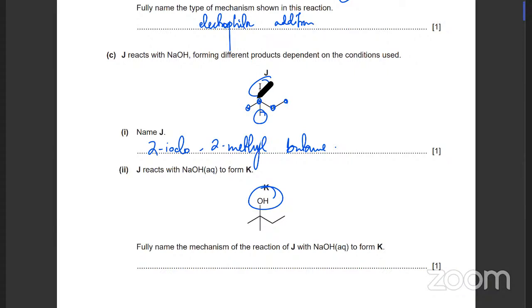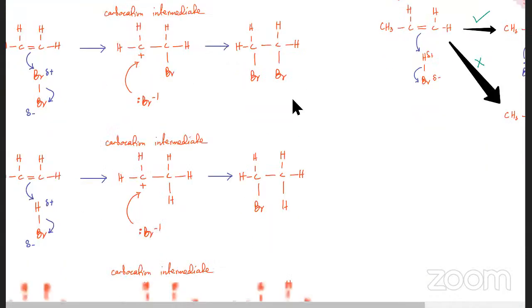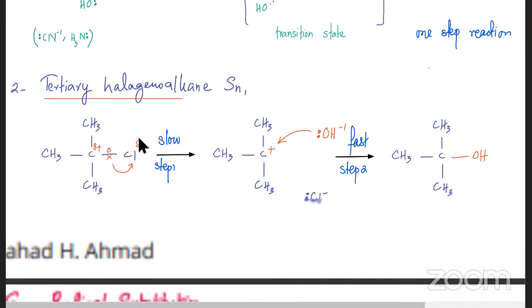And if I ask you to name the full mechanism, it is nucleophilic substitution, but is it SN1 or SN2? SN1. Okay, because it's a tertiary halogenoalkane. So the mechanism is going to be SN1 for a tertiary halogenoalkane. The halogen will leave first and then the OH is going to come in. So it's going to be SN1.